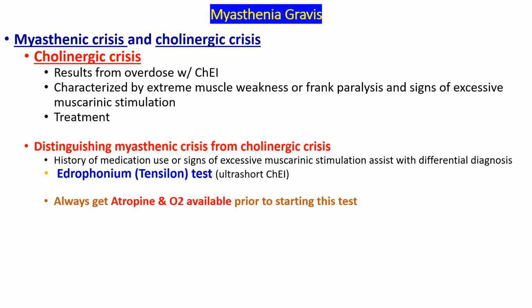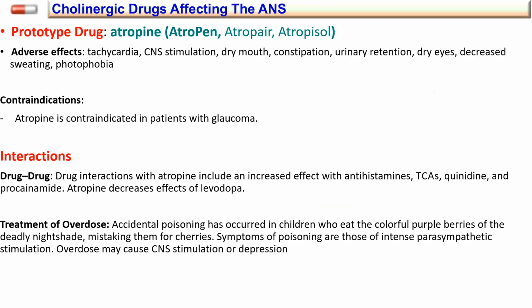If given edrophonium it intensifies the manifestations, signs, and symptoms, then it's a cholinergic crisis. So it's always important that we have atropine and oxygen available prior to starting this edrophonium or Tensilon test. And I will provide more explanation in class about the difference between cholinergic and myasthenic crisis.